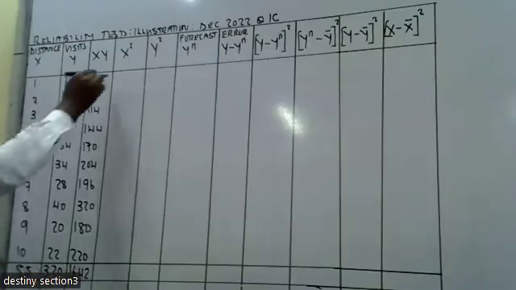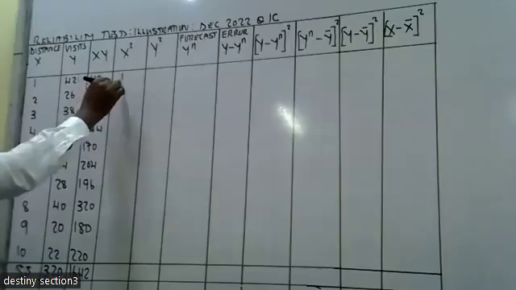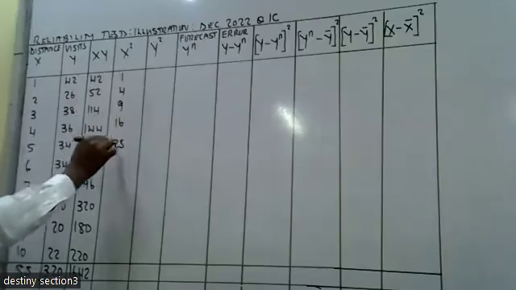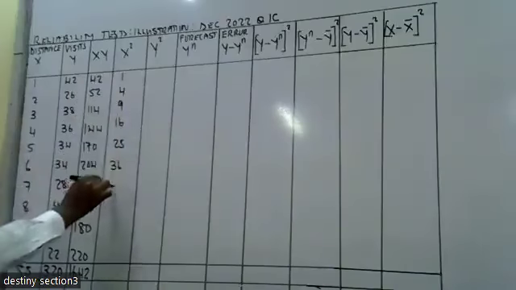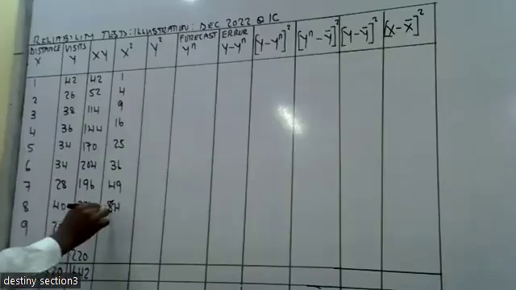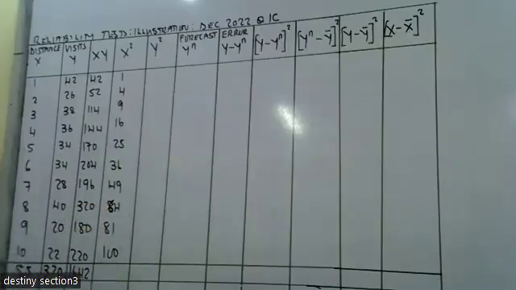X squared: this is 1, this is 4, this is 9, this is 16, 25, 36, 49, 64, 81, and 100.